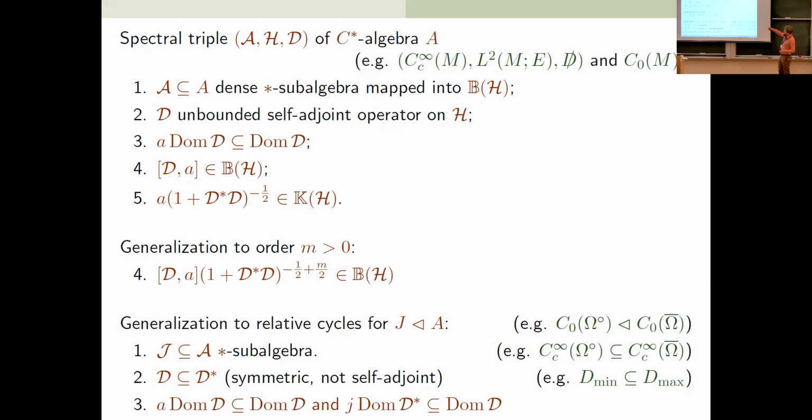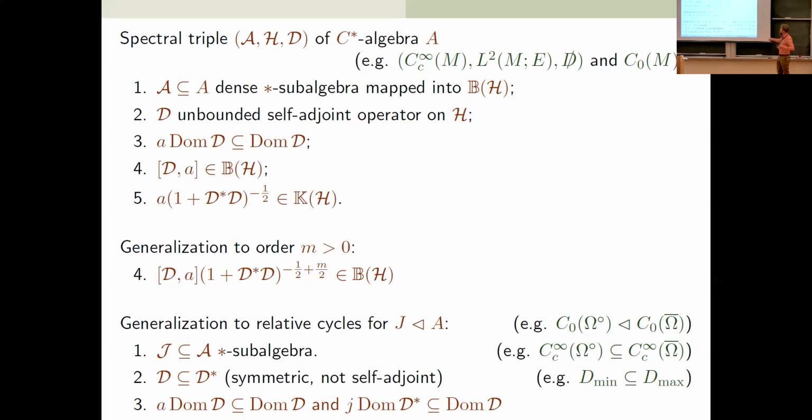Then we have to change these domain inclusions a bit so that we can compress the maximal domain into the minimal domain like this. And combining both of these generalizations, you have to do a little bit more. You change this number 5, the compactness, a bit, but those are details.